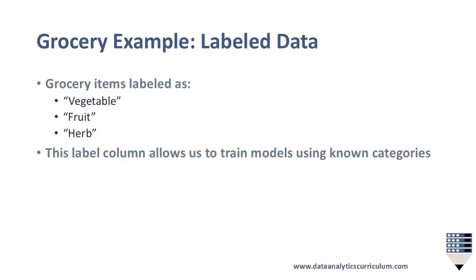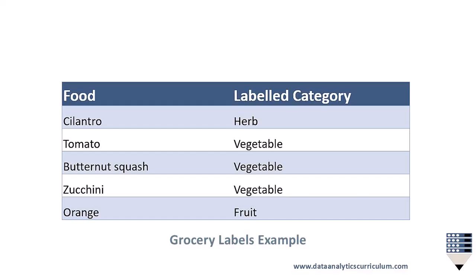Imagine a grocery dataset where each item is labeled as vegetable, fruit, or herb. Because we have known categories, we can train a model to learn the difference between them. Grocery labels example. Here we see how these grocery labels help guide a model to classify future items correctly, based on the labeled training examples.